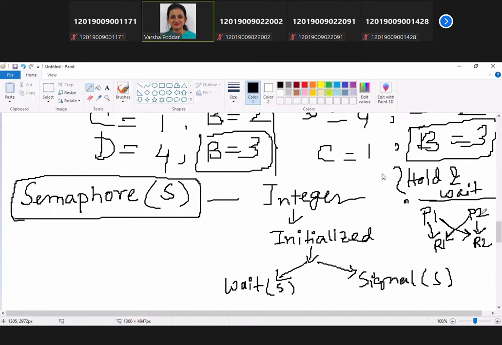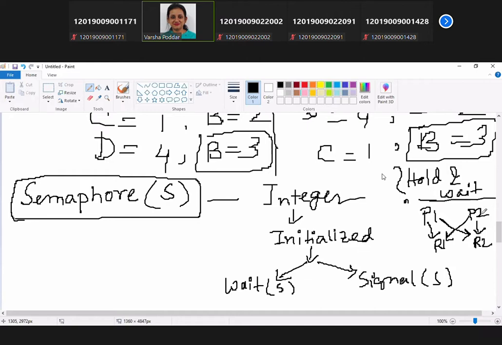We will discuss three types of problems which are very common in critical section, and we will learn how semaphore can handle those problems. First, let us understand what a semaphore is. A semaphore is nothing but an integer which will be initialized at the beginning of your program, and then it can be accessed either using wait or using signal.